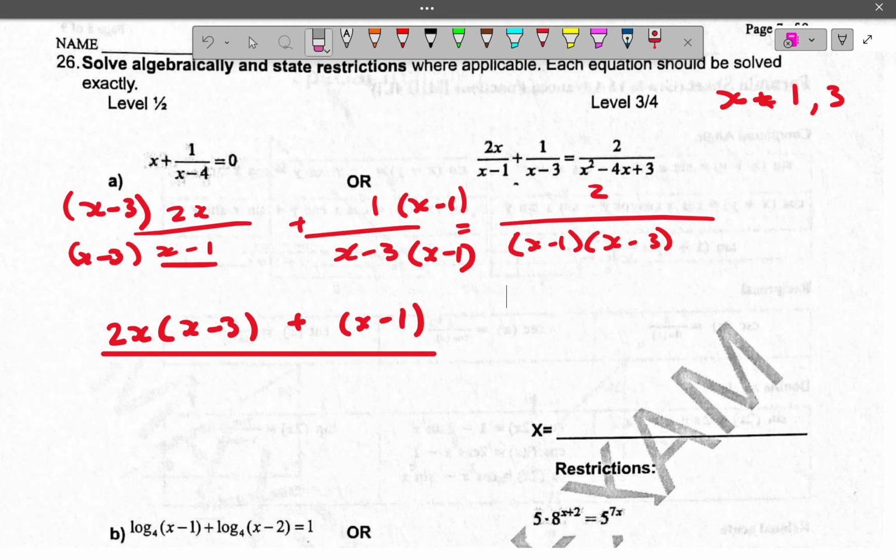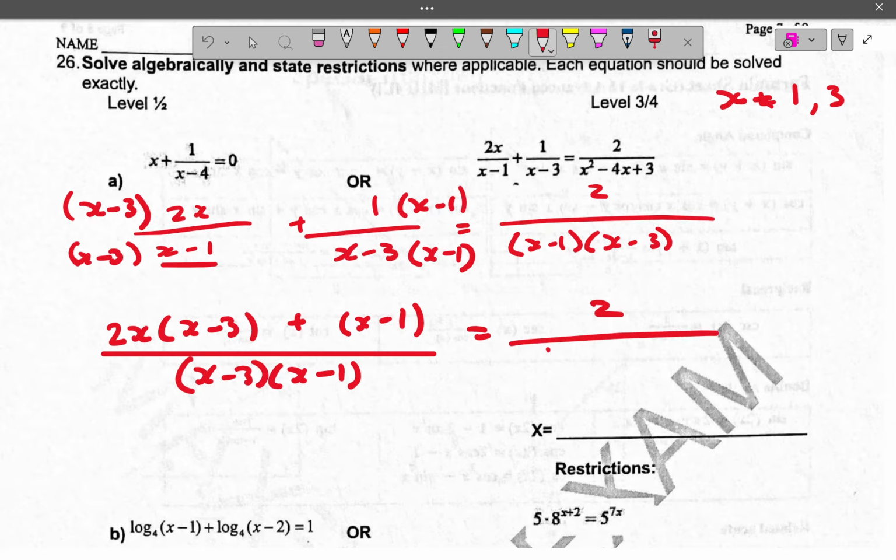So it's all going to be divided by (x minus 3)(x minus 1), equals 2 over (x minus 3)(x minus 1). And if these two things are equal, as we say that they are, and their denominators are already the same, then whatever we have on the top has to also be the exact same.